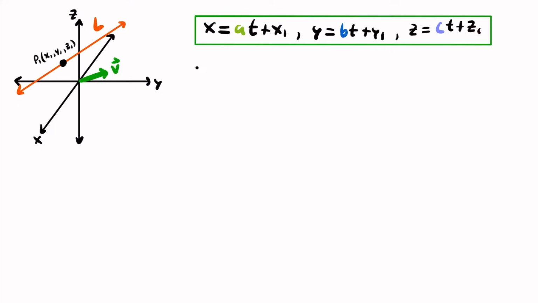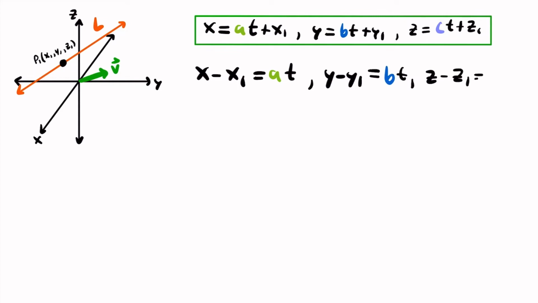So if we do that, we'll have x minus x1 is equal to a times t, and then y minus y1 is equal to b times t, and then z minus z1 is equal to c times t. All right, and then for each one of these equations to solve for t, we just have to divide both sides of each equation by their respective direction numbers, a, b, and c.